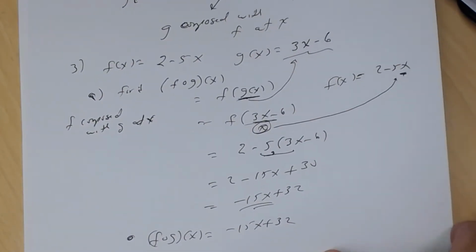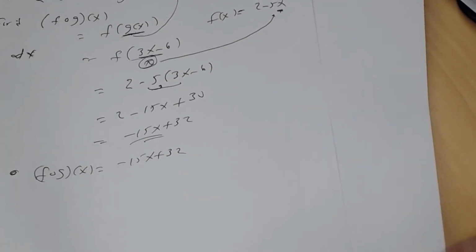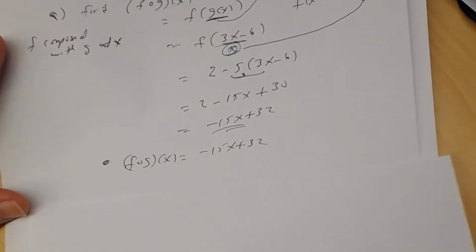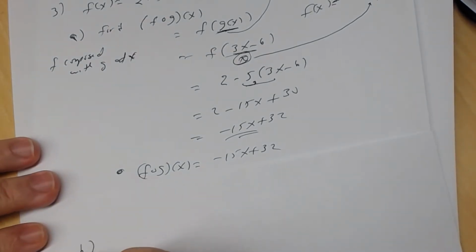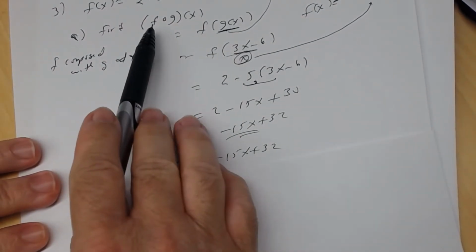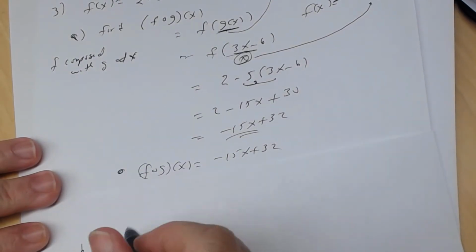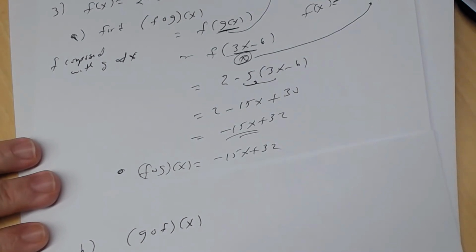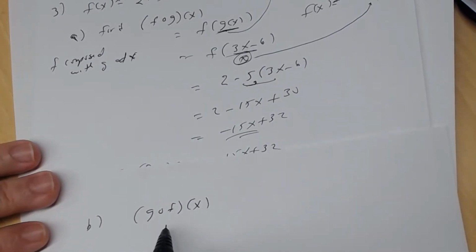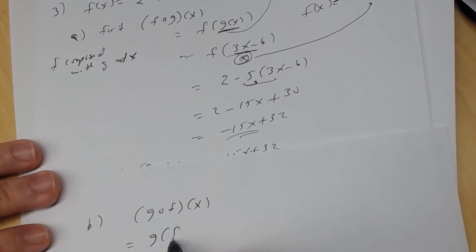Okay? Part B. In part B, same functions, but this time instead of f composed with g at x, let's find g composed with f at x. Use the definition. By definition, it's equal to g of f of x.